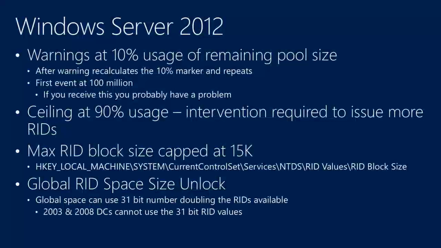You have to intervene and say, yes, I know, and I'm now going to figure out why so many RIDs are being used. A good attack against your Active Directory is someone manually bumping the RID pool, and then you'd be in serious trouble. But now if you've got 2012, you can unlock it and double its size.